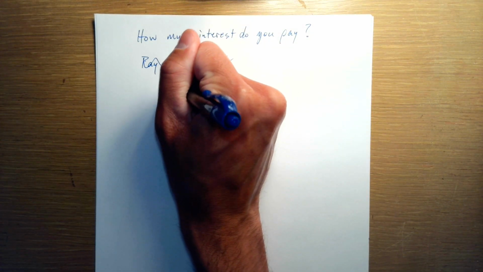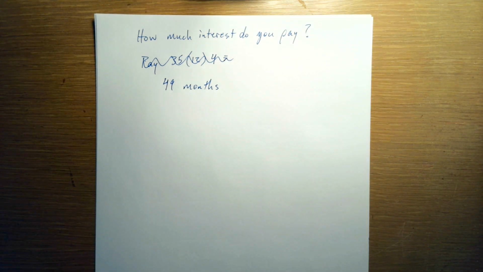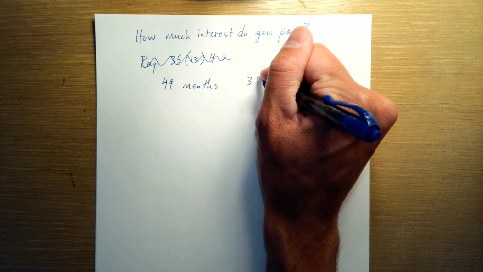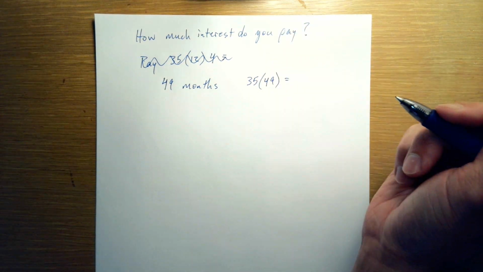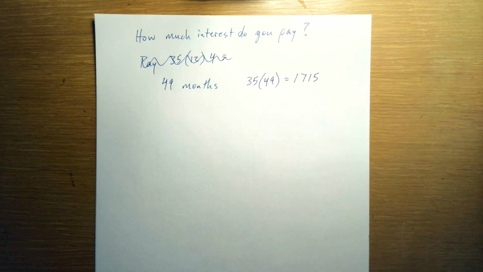So let's say you just paid for 49 months. Maybe this is more straightforward. You paid $35 a month for 49 months. So you have $35 times 49 months. How much do you pay in total? That's $1,715.